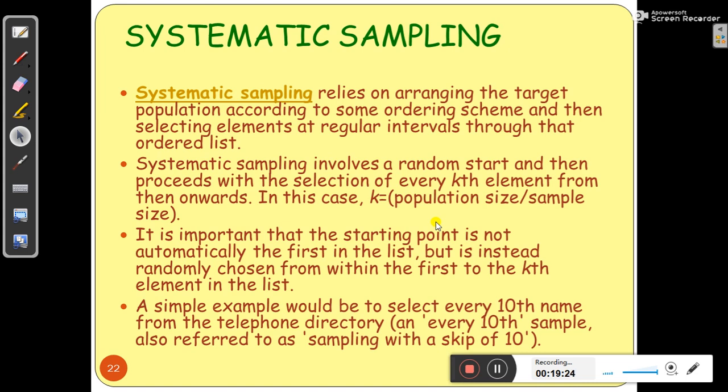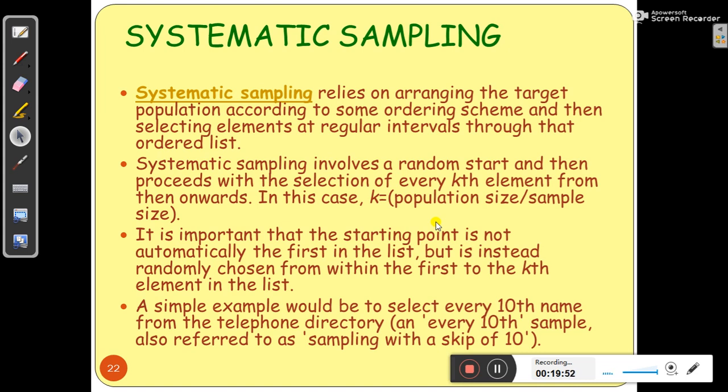So you can see here, suppose the example is that we need to sample names in the telephone directory, every 10th name. We start with any initial name between 1 and 10, then we skip 10 names after that interval.